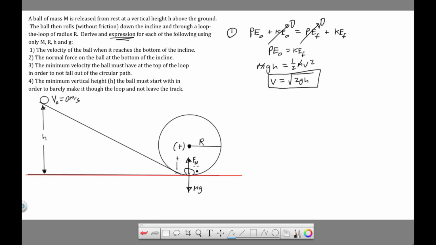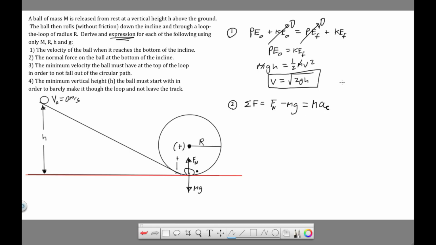Okay, so there's our free body diagram. What we do now is we sum the forces for the ball at the lowest point here, and we have normal force up and mg down, and the sum of the forces equals ma. And because the ball is now in a circular path, this acceleration is a centripetal acceleration.